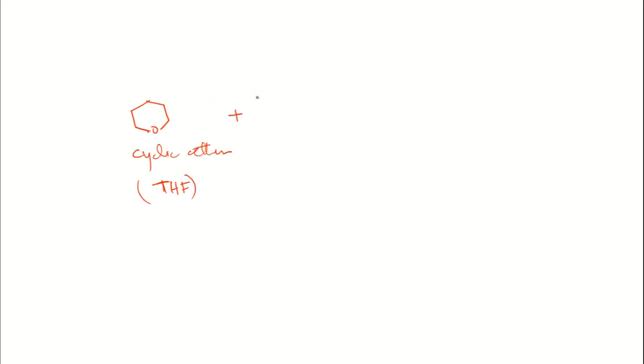So when it reacts with hydrogen bromide or hydrogen iodide at a particular temperature, that is 373 Kelvin, the ring is opened and we get dihaloalkanes.